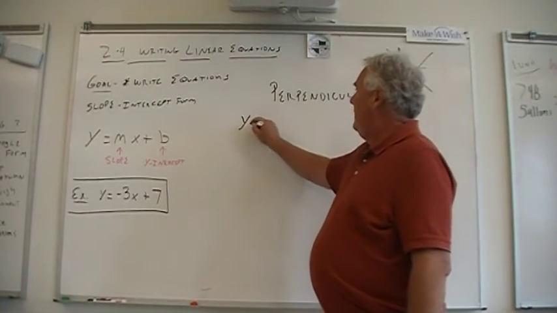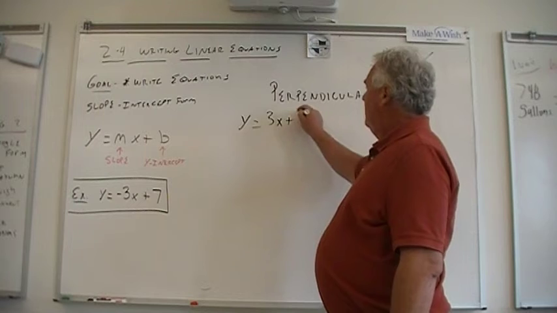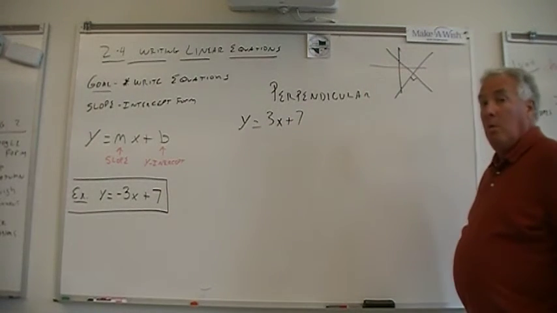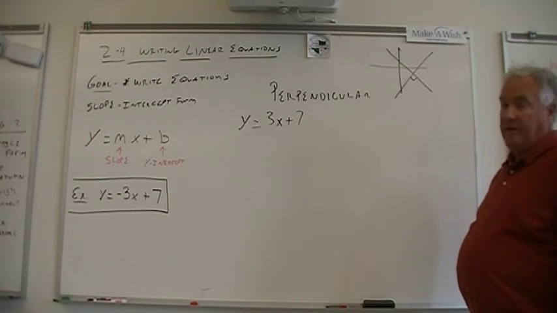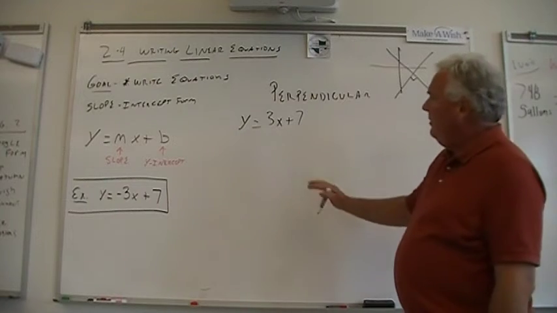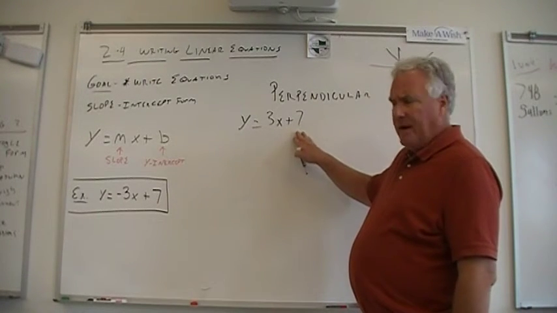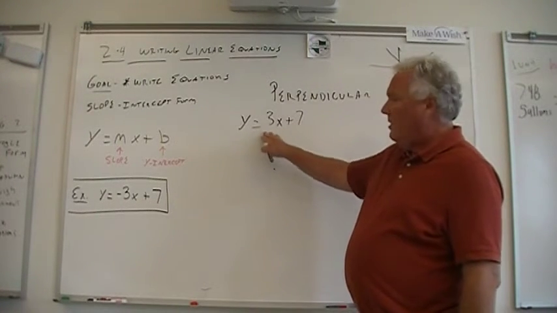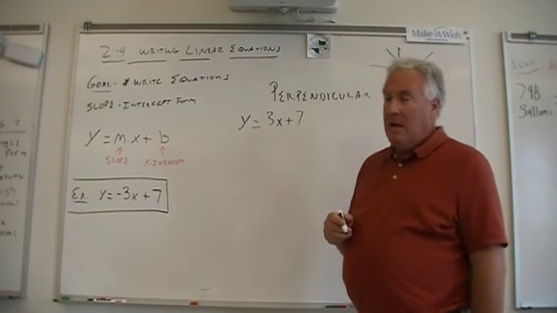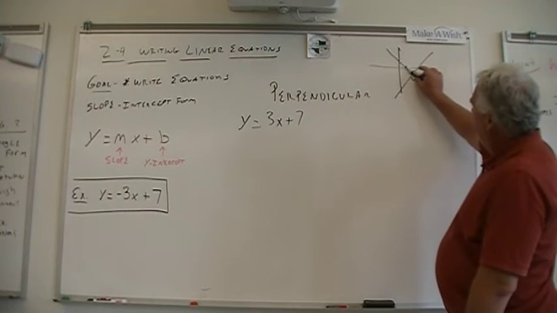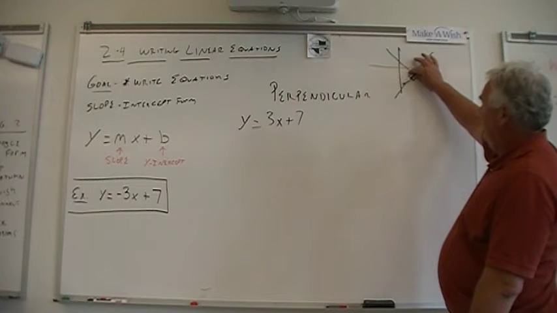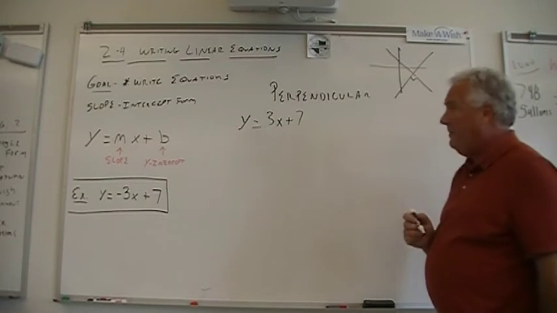So y equals 3x plus 7. What's a line perpendicular to that? Well, we don't care about the y-intercept right now. We care about the slope. And the slope, if one is positive, one is negative, right? They're going to be going opposite ways.